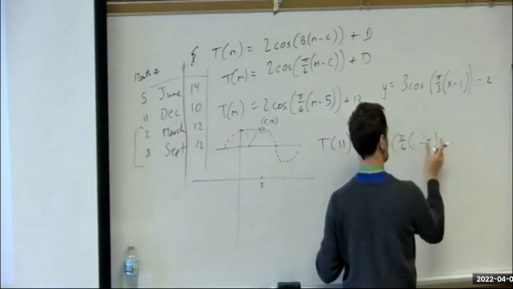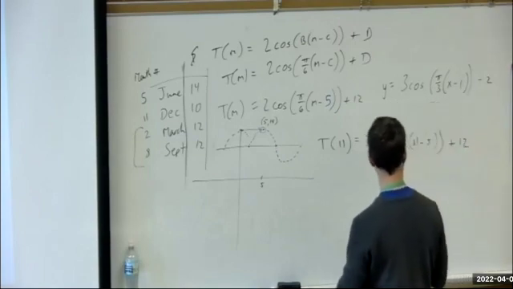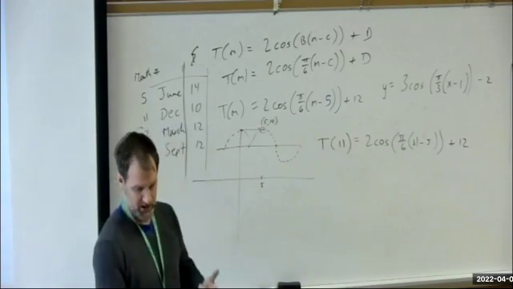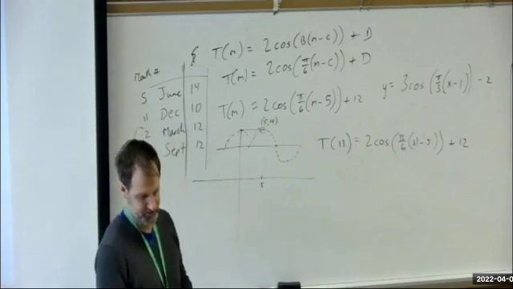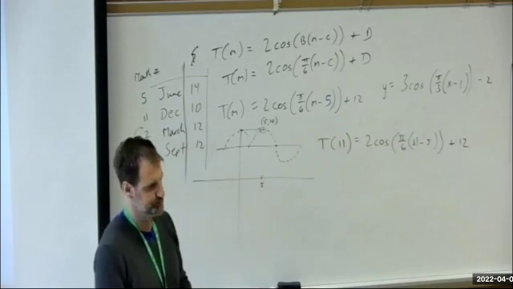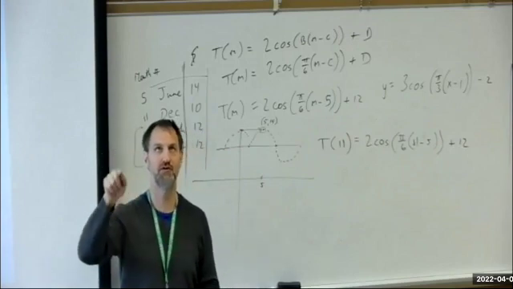Sorry, m is going to be 11. So let's work through it. 11 minus 5. All right, so then pi over 6 times 6 is just pi, cosine of pi.